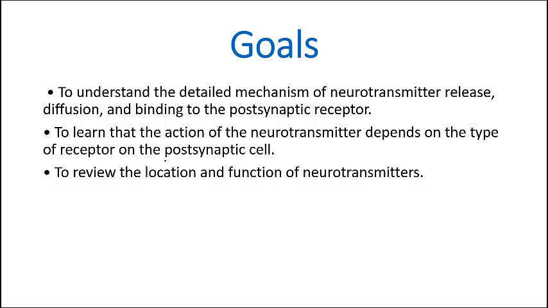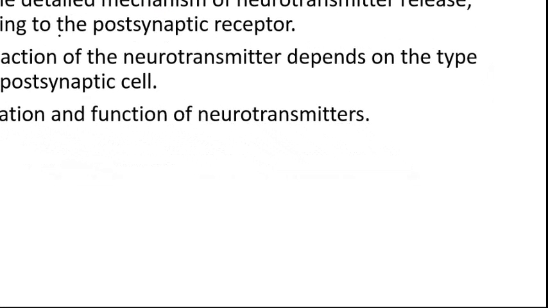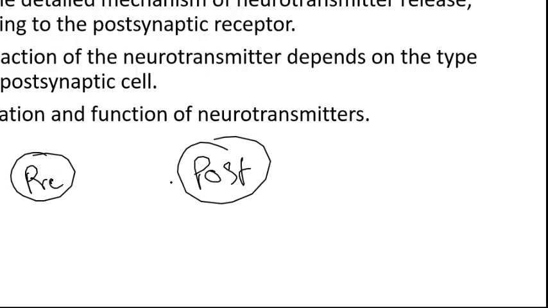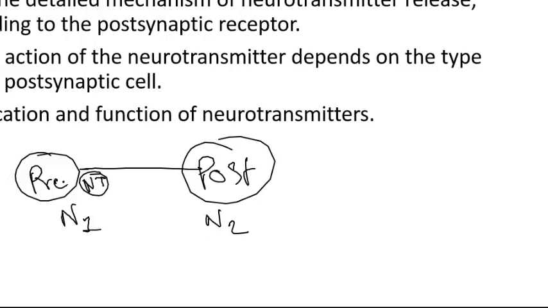Synaptic transmission involves the release of neurotransmitters from the presynaptic cell to the postsynaptic cell, because here we are looking at the interaction between two neurons, neuron 1 and neuron 2. Neuron 1 secretes certain chemical factors known as neurotransmitters.